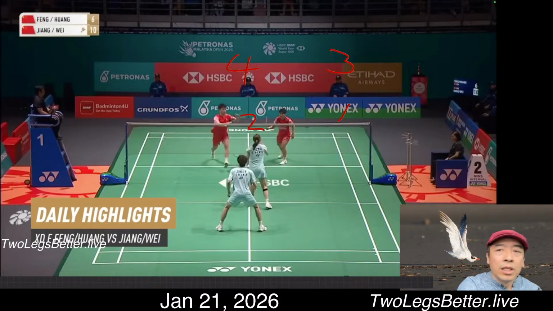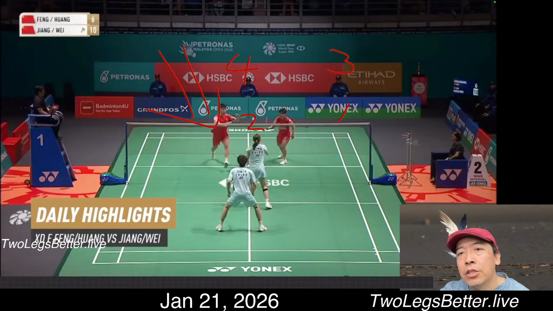Now, you look at the two. Look at Feng Yanzhe and Huang Dongping's position. Feng Yanzhe is the big guy. The big guy is right here. You look at that. He's huge. Okay, he's very tall, and he's in this position. So if you cross it over his head, he's going to block it. It has to be really, really high, or really fast, but generally really, really high.